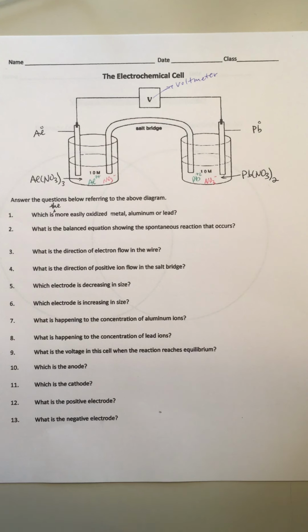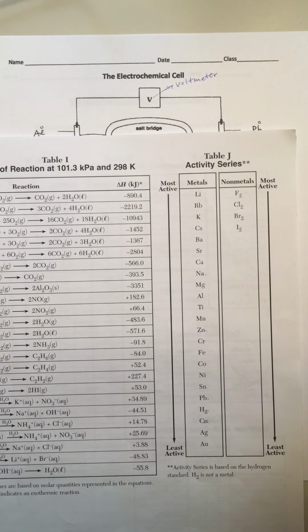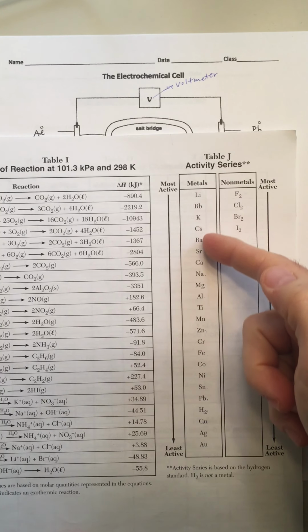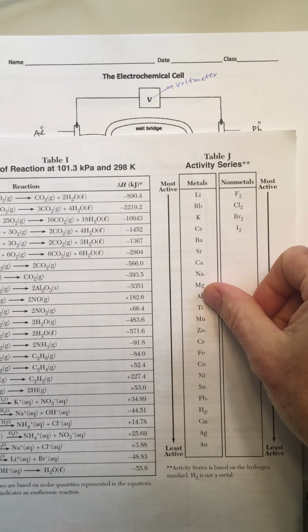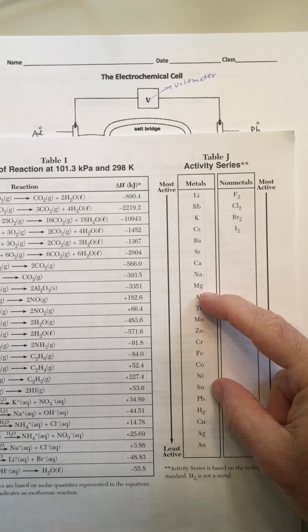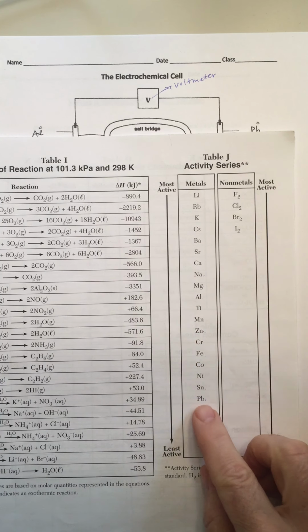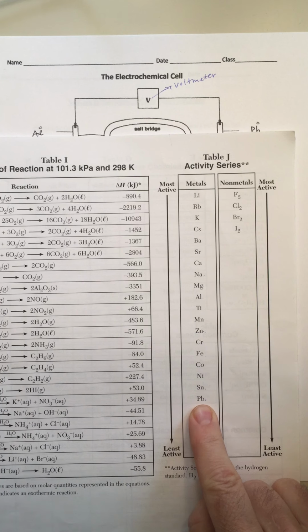So I'm going to open my CRT up to table J and find aluminum and find lead. Well, here's aluminum and here's lead. So that means aluminum is above lead on the reactivity series, the activity series. So that means aluminum is more likely to get oxidized. And when it loses those electrons, lead gets reduced.